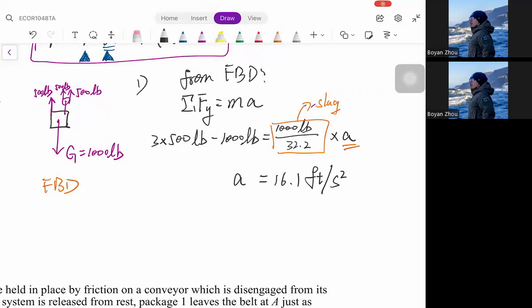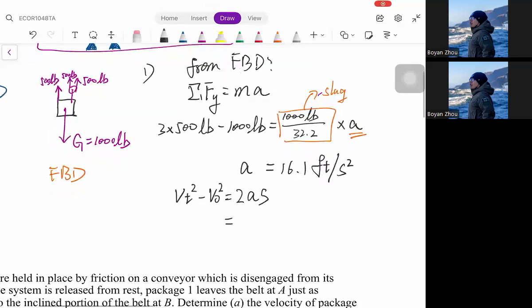Now we have the acceleration and we're looking for the velocity. Remember, we have the equation: the final velocity squared minus the initial velocity squared is equal to 2 times the acceleration times the displacement.